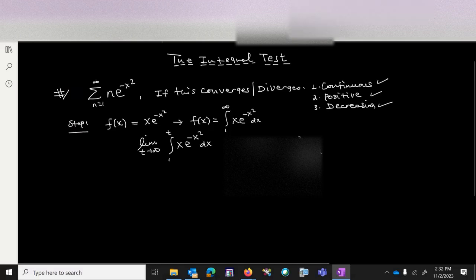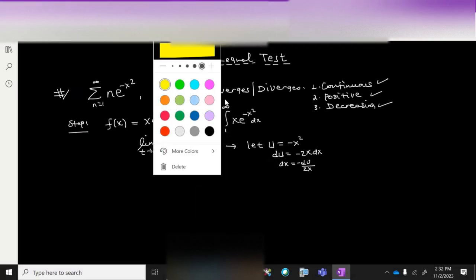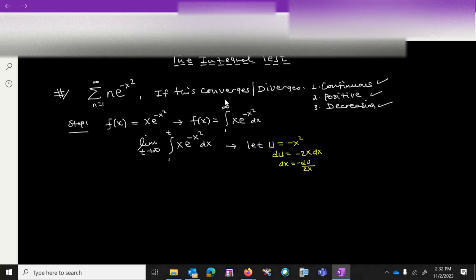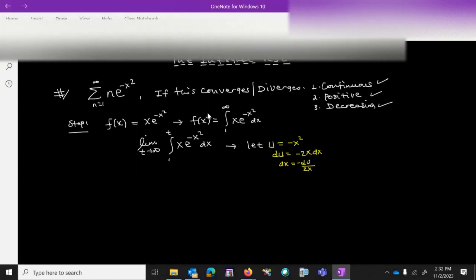These things are very important. I'm going to substitute all these ingredients into my integral. So the limit as t approaches infinity, from 1 to t, of x e to the power of, instead of minus x squared, I substitute u, because that's my u now, so e to the power of u.